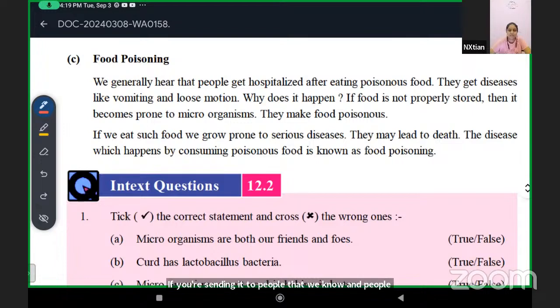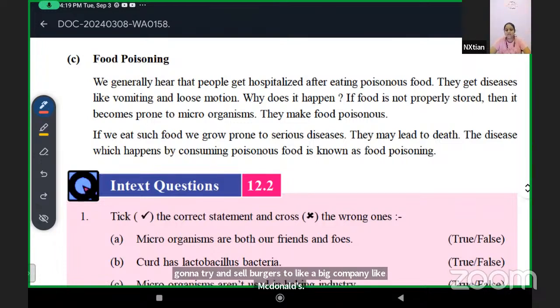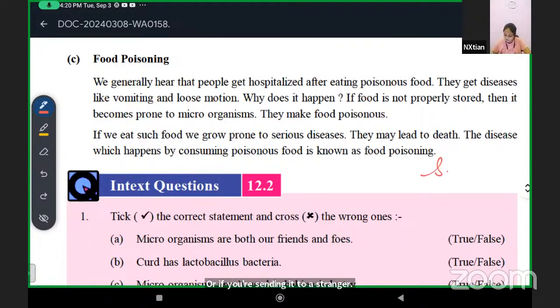But if you're doing it to earn profit, like burgers, you're gonna try and sell burgers to a big company like McDonald's. Yeah, if you're making a company, then you have to do it. Or if you're selling it to a stranger. Yeah, basically, if you're doing actual sales of the product, that needs to follow proper guidelines. Okay, guidelines to check its quality, to check all the ingredients, to check the authenticity of it, and everything.